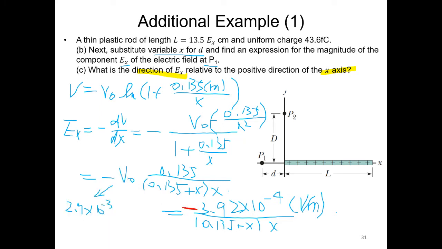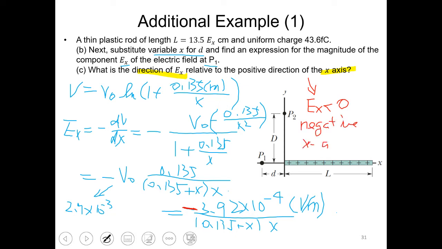So for part C, Ex is negative, smaller than 0. So it points to the negative x-axis. And it is very trivial because this is a positive rod. So even without calculation, you can imagine the field points to this side, somehow like this.